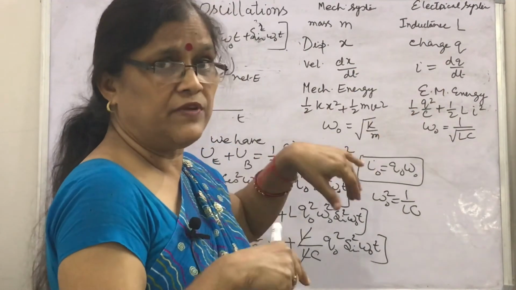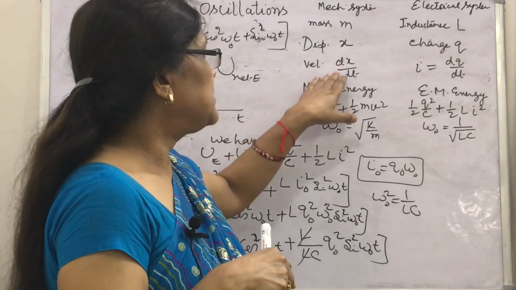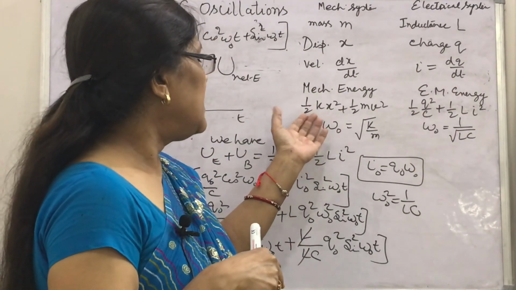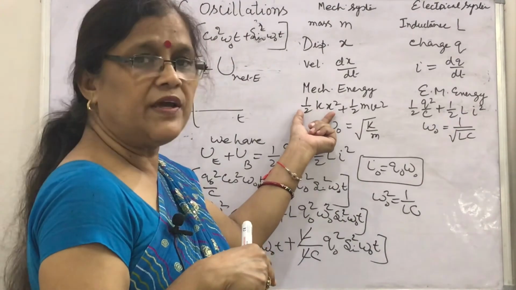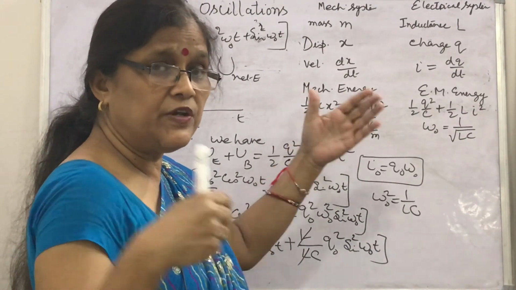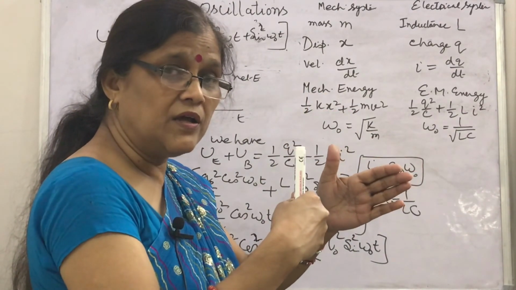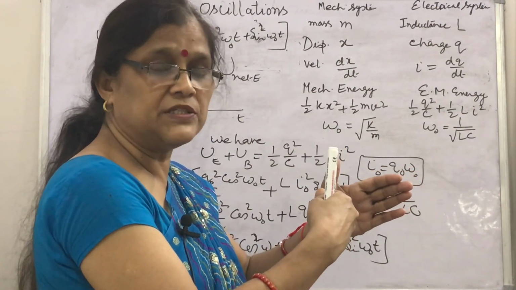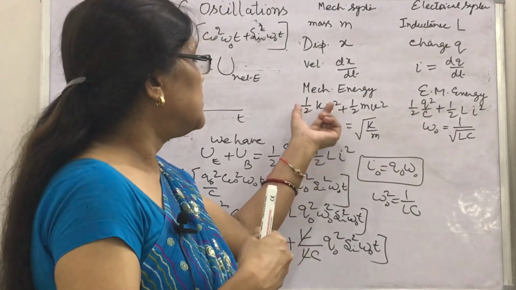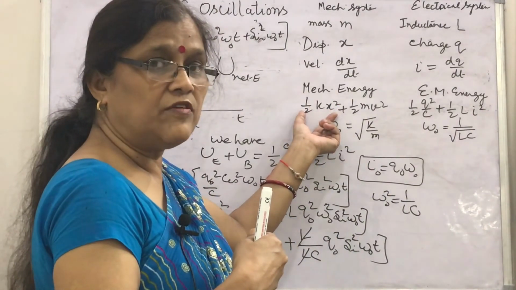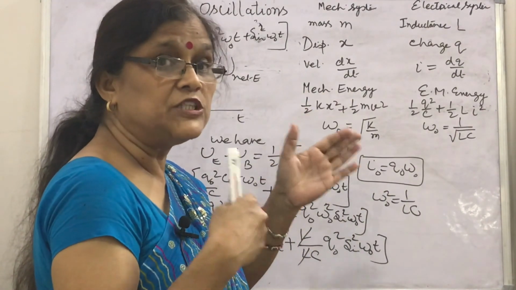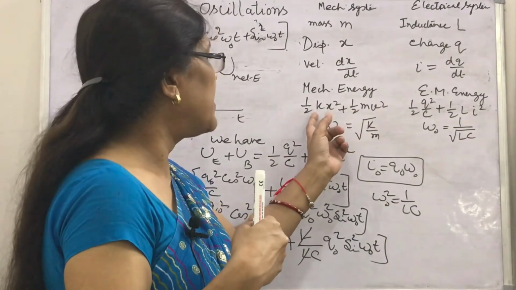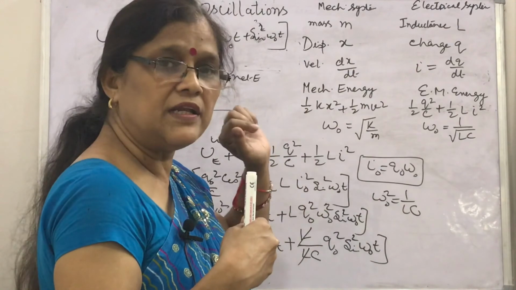In the description we compared velocity dx by dt with current dq by dt. What about mechanical energy? This is half kx square potential energy. When you compress the spring, more compression means more force, and half kx square is the energy stored in the spring, and half mv square is the kinetic energy. The sum of kinetic and potential energies is the mechanical energy.